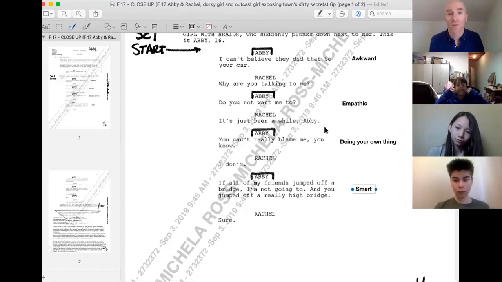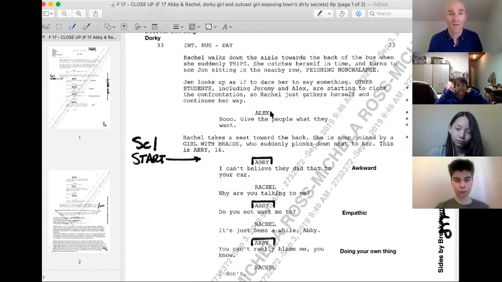If we were looking at the script in detail and trying to understand the relationship between these two characters, then we would want to make some of those same decisions about Rachel. And we don't have them given to us in the breakdown here. So we would go back to the script.